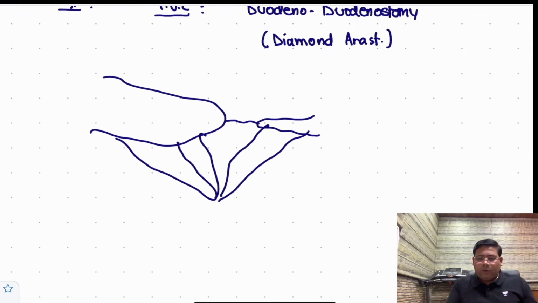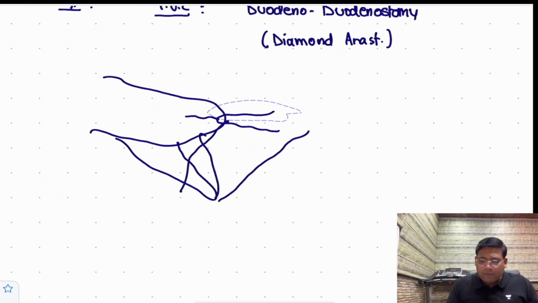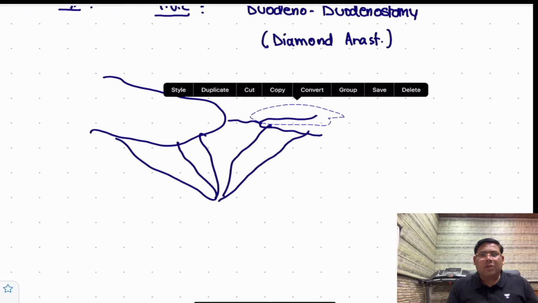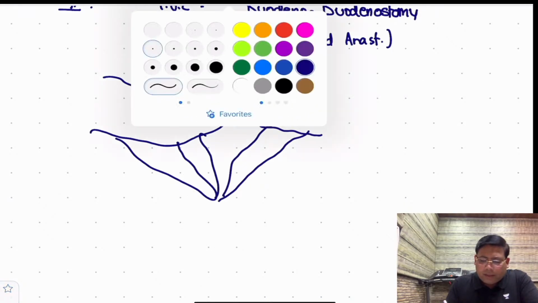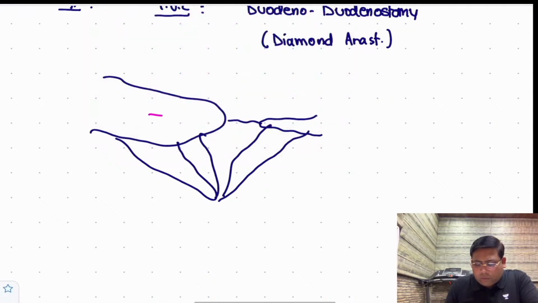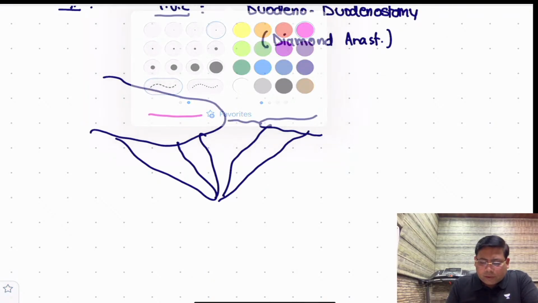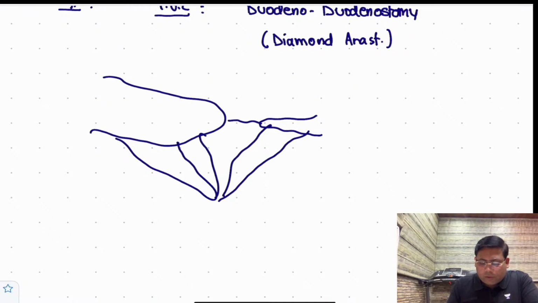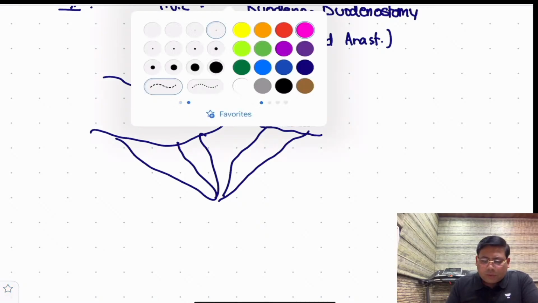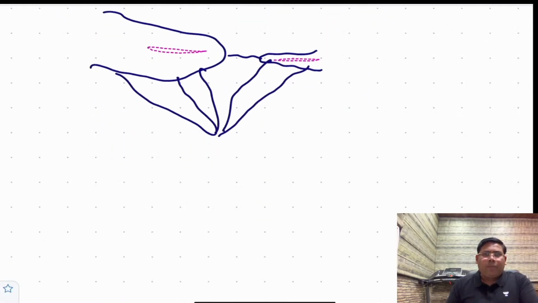Because if you try to anastomose this segment with this segment, it is not possible because of the disparity of the diameters. So what you will do is make a longitudinal incision here. Suppose you want to do the anastomosis, you will make a longitudinal incision here, but when it comes to the anastomosis, you will place these bowels perpendicularly.